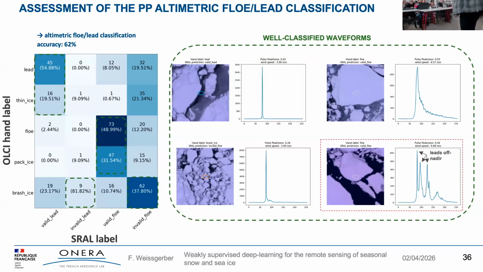So for example, here you have leads that are close by, and you have side lobes of the acquisition. And so you get information from the leads. So this waveform, for example, should be rejected because it cannot be used as a measurement of the elevation because of these off-nadir leads. Very complicated topic.